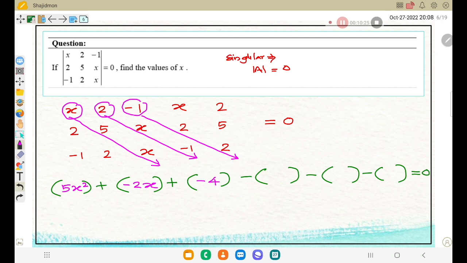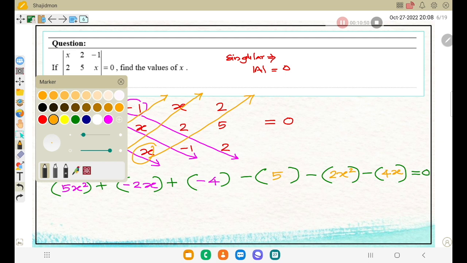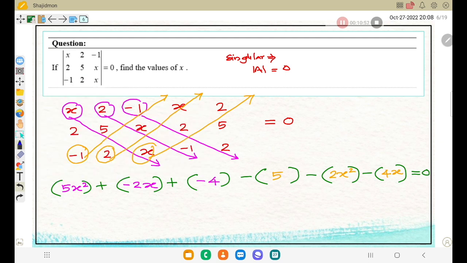Now same way top arrows we are doing. So down arrows always we are writing plus plus plus. Now top arrow starting from here, minus 1 multiply 5 multiply minus 1 means 5. Now from here 2 multiply x means 2x power 2, and here x multiply 2 means 4x, equal to 0. I hope you understood that step. Top arrows we are putting minus sign.